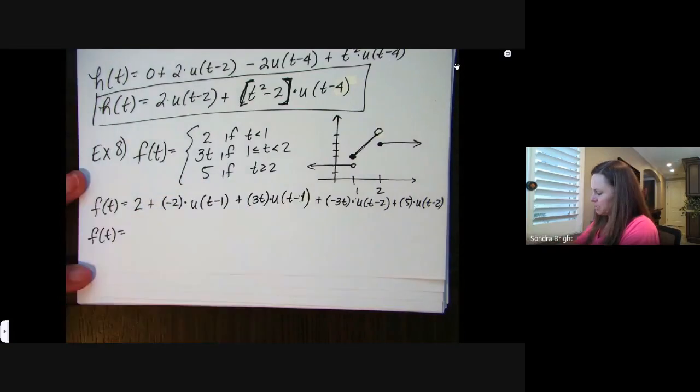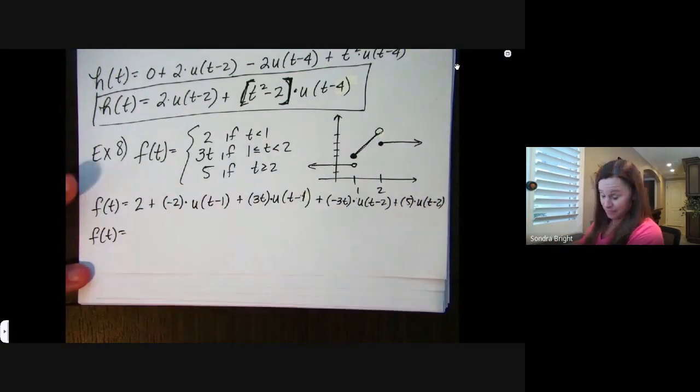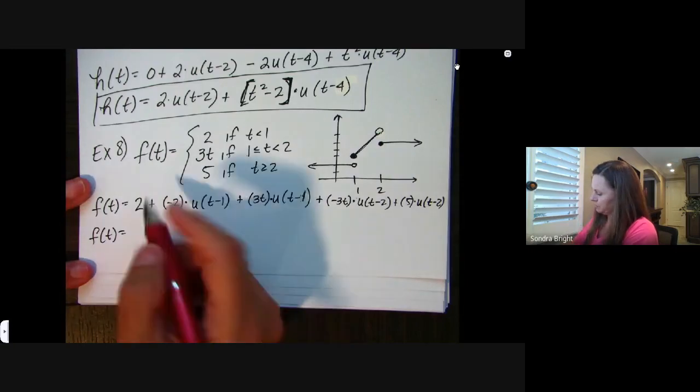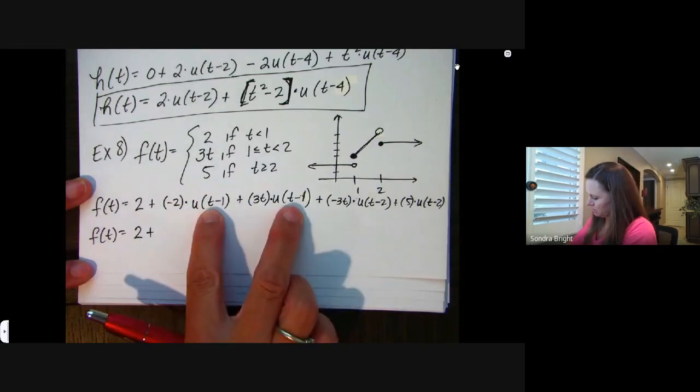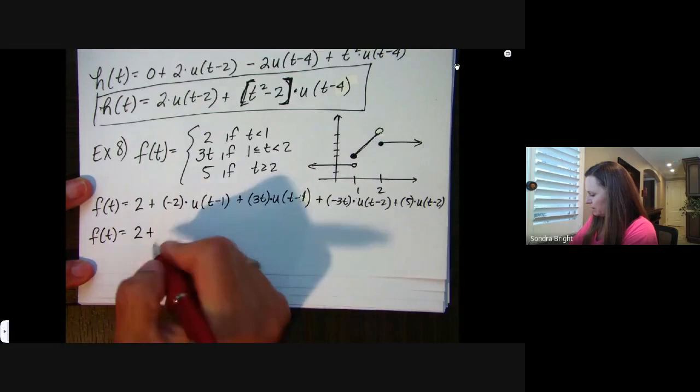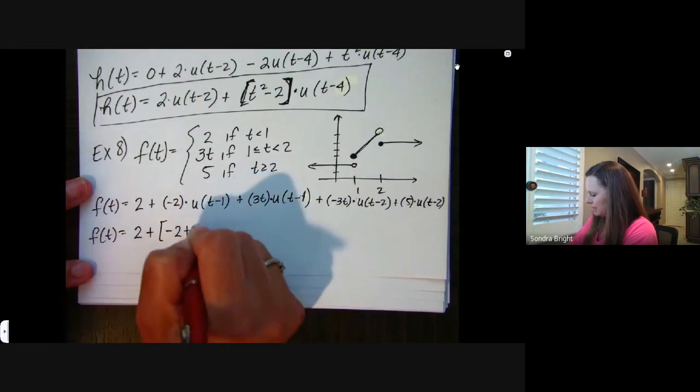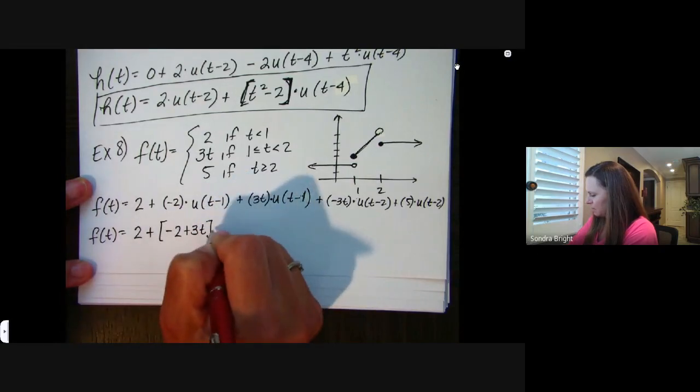So this piecewise function in terms of the unit step function will be 2 plus, let's pull together these two guys, the t minus 1s. You'd have a 3t minus 2, or we could put it in order: negative 2 plus 3t times the u of t minus 1.